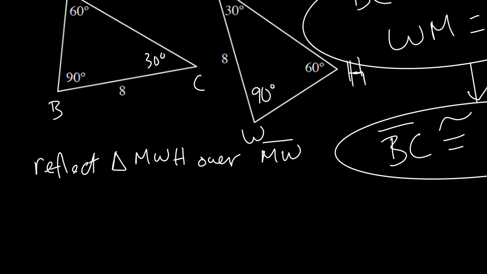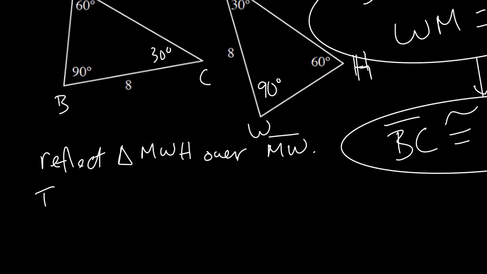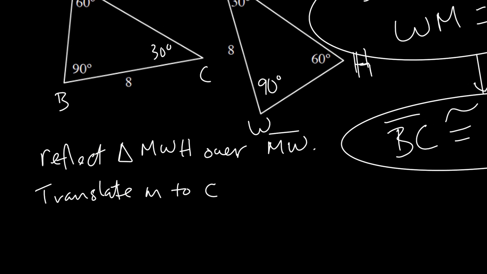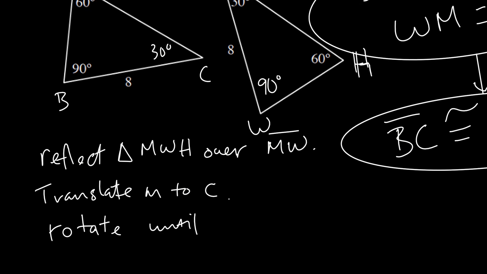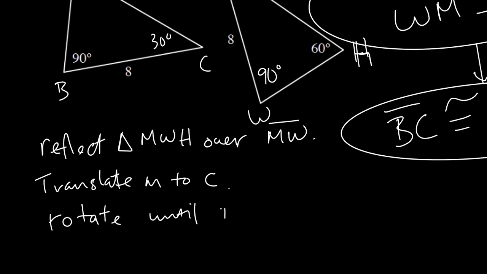So then I would say, now that I've done that reflection, I'm just going to say translate M to C, and that's point M to point C. And then I would just say rotate until BC lines up with WM, until BC and WM coincide.